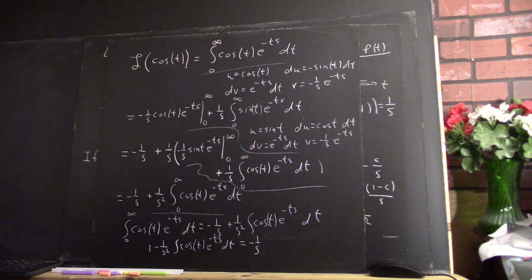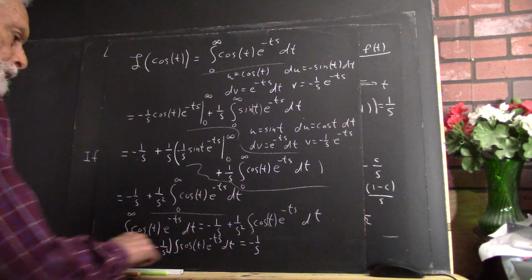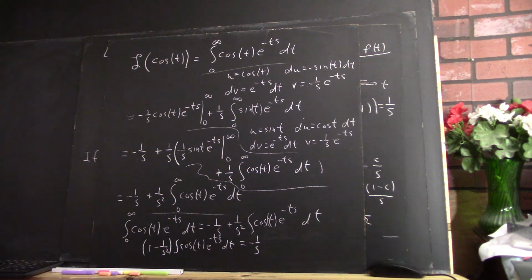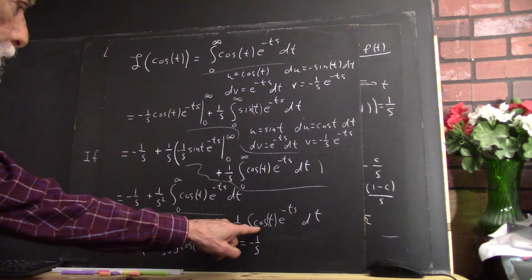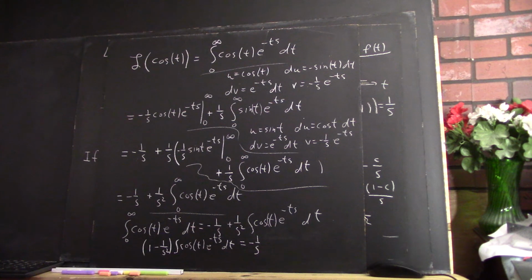And that equals negative 1 over s. And I need to put parentheses around this, so that this integral equals negative 1 over s divided by 1 minus 1 over s squared.